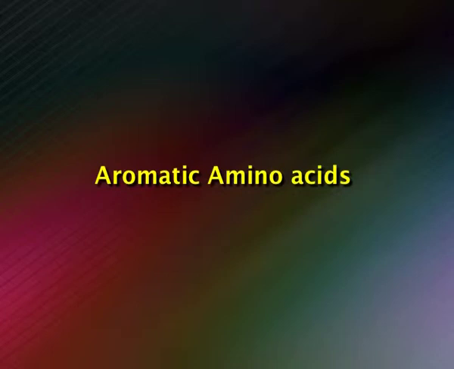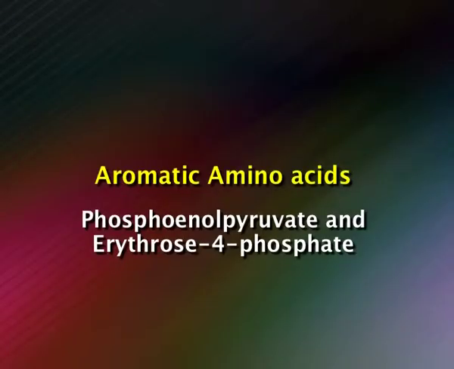And the last is the family of the aromatic amino acids, which originate from another key intermediate of the glycolytic pathway, that is phosphoenol pyruvate and erythrose 4-phosphate. These two are important members of glycolysis as well as the pentose phosphate pathway, in which glucose is oxidized.